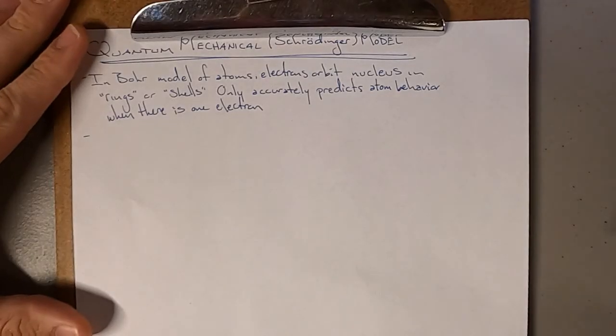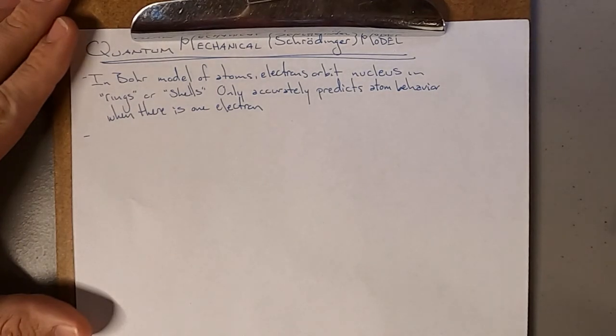And so, to come up with a model that better predicted what atoms would do in experiments, de Broglie and Schrödinger developed some mathematical equations that would predict the statistical probability of where an electron would be existing around an atom.